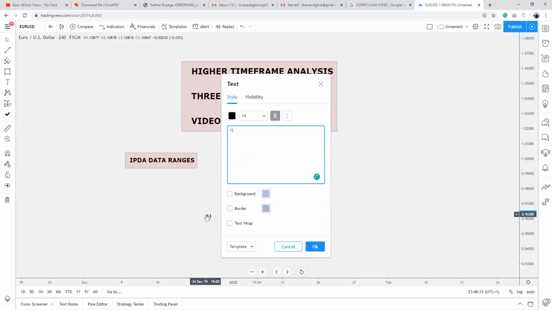So the first thing you want to do is delineate your current trading month. I'm going to give you an example. We're currently in the month of October.